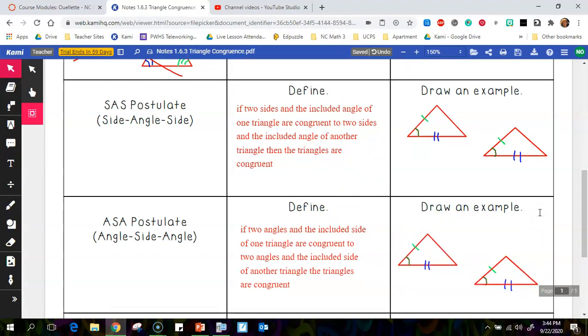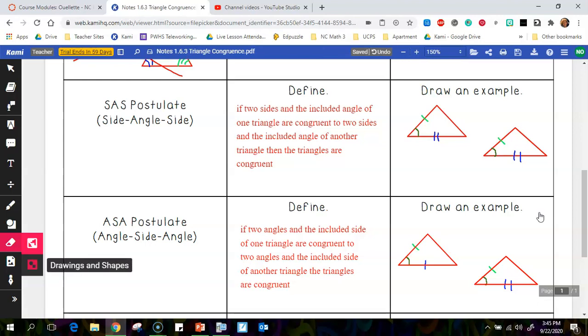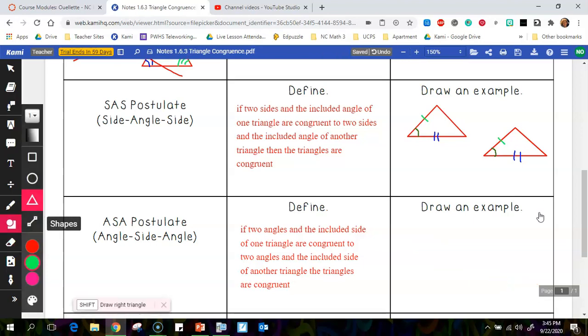And I wonder if I can erase the blue. Oh no, it erases everything. Wait. Let me try something else. Drawings and shapes. Well, that was a waste of time. Oh well, it was worth a try.